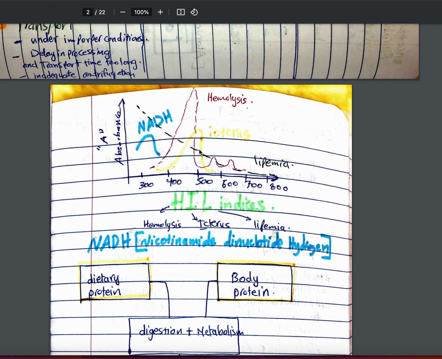Icterus, no, it's the bilirubin. Here the bilirubin will be between 400 and 540, and here we have lipemia. Lipemia is between 300 and 500, all the lipids.